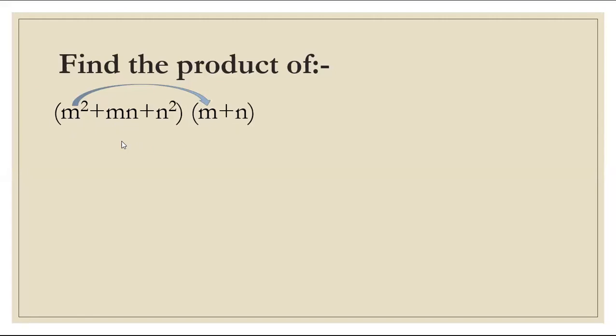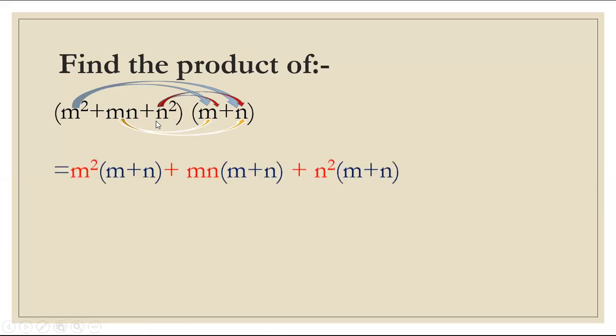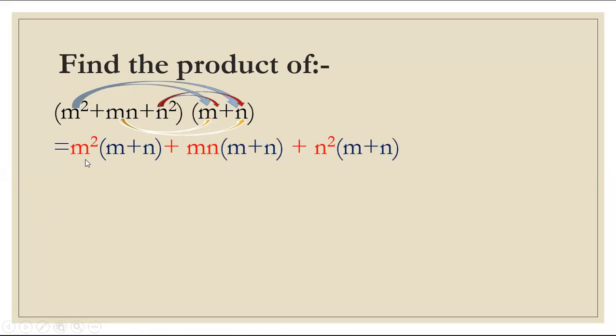In this way, I have to write the second step. Look at this step. Here first term is going to be multiplied with this whole bracket, then second term with this whole bracket, and then third term with this whole bracket. What I have done, I have simply written what I was explaining. First term, second bracket, then second term with the plus sign, because here the sign is plus.